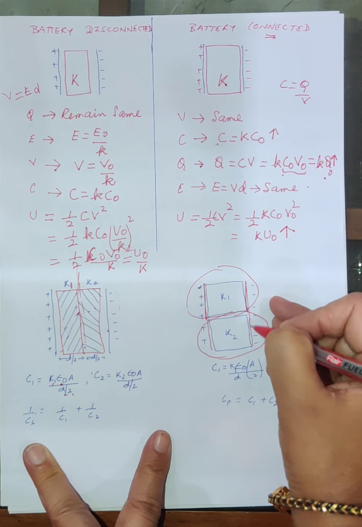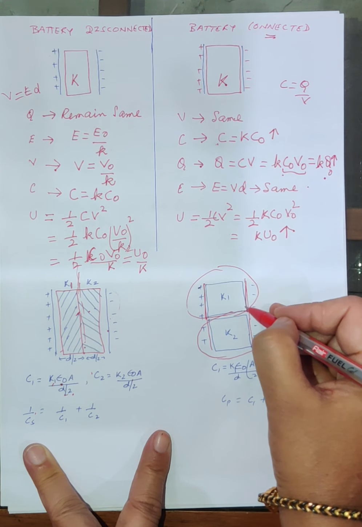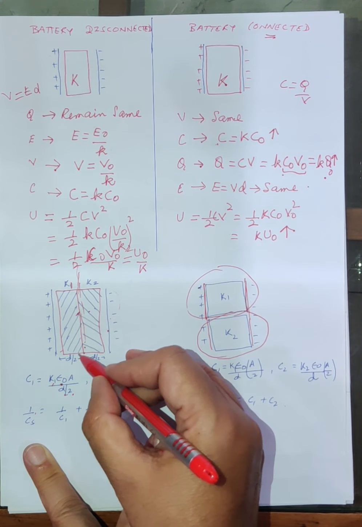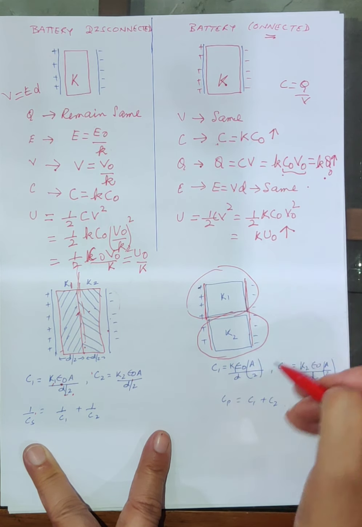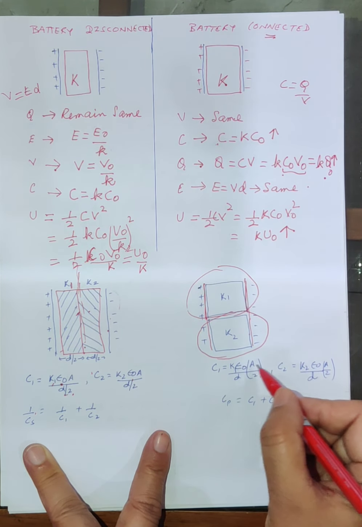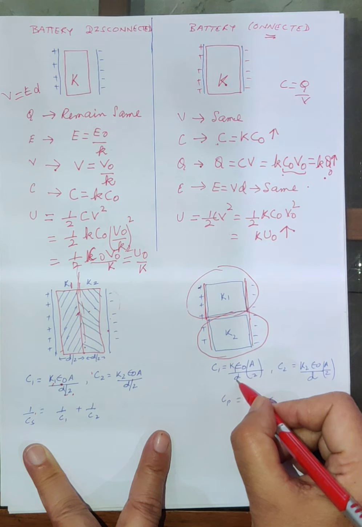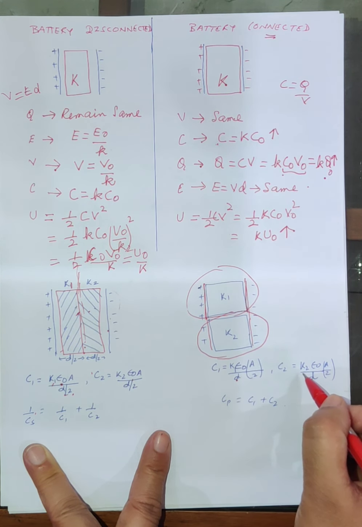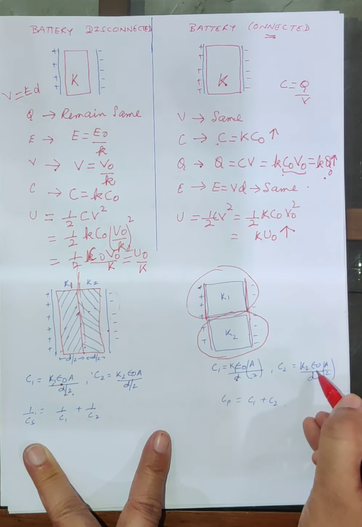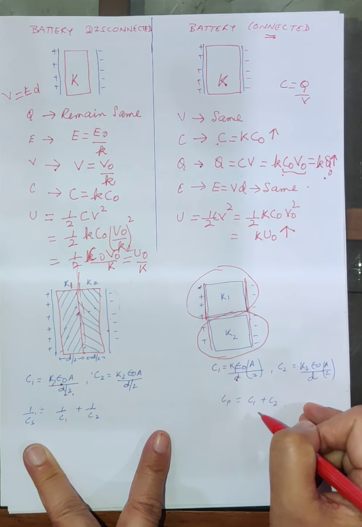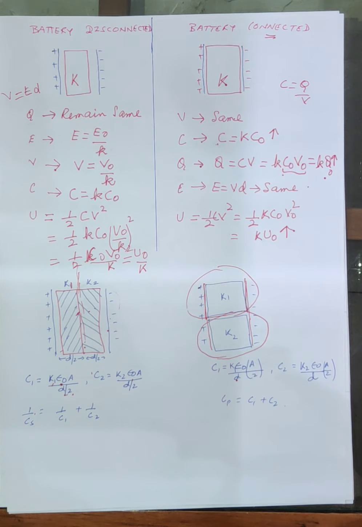Okay children, this is the whole plate, now the area becomes half. In the earlier case the thickness was half; in this case what becomes half? Area. So it's K1 epsilon naught A by 2D, and what is C2? Again on the same lines, it is K2 epsilon naught A upon 2D. By substituting the values, you will get C1 and C2.